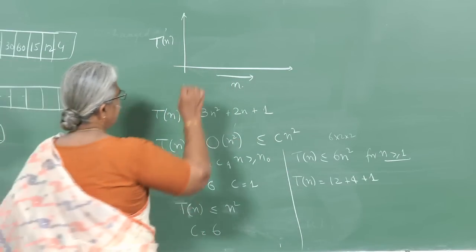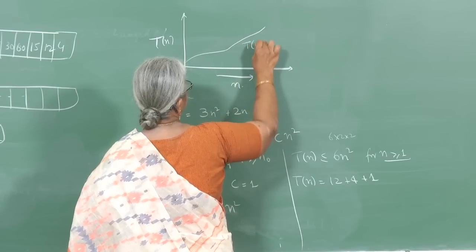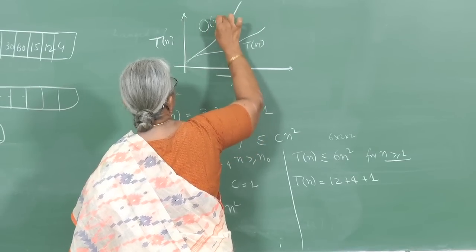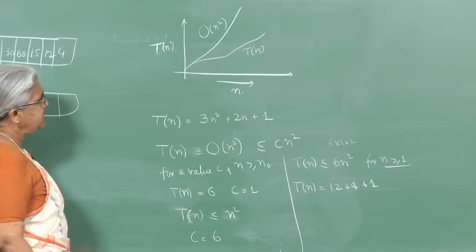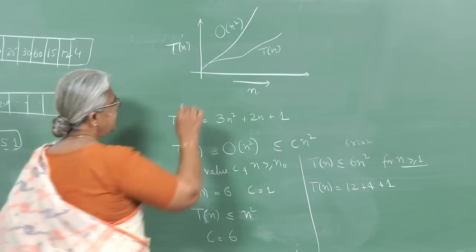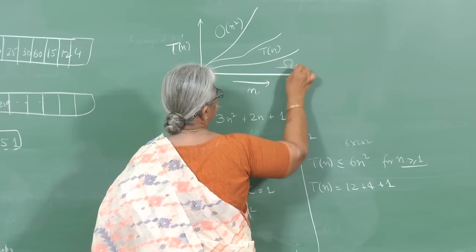So, basically what we are saying is I have some T of n like this, and then the big O of n squared is going to be above this particular line. Okay. That is the meaning of this big O notation. And what does big omega say? It says that big omega is the lower bound. Okay.